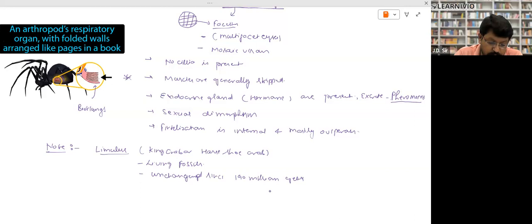It is also known as a living fossil. Is that clear?